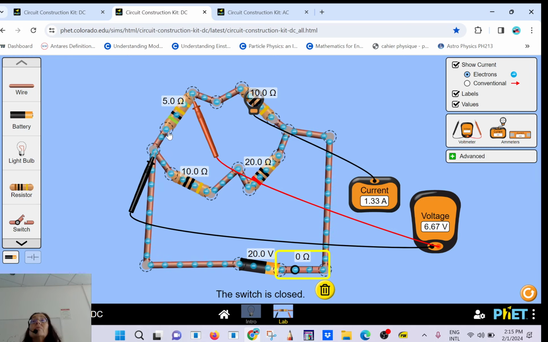Imagine it's a pipe, so you don't have that much current flowing. It's going to resist more. So this one has a larger resistance, and this one has a smaller resistance because you have the large current here and a small current there. Does that make sense?